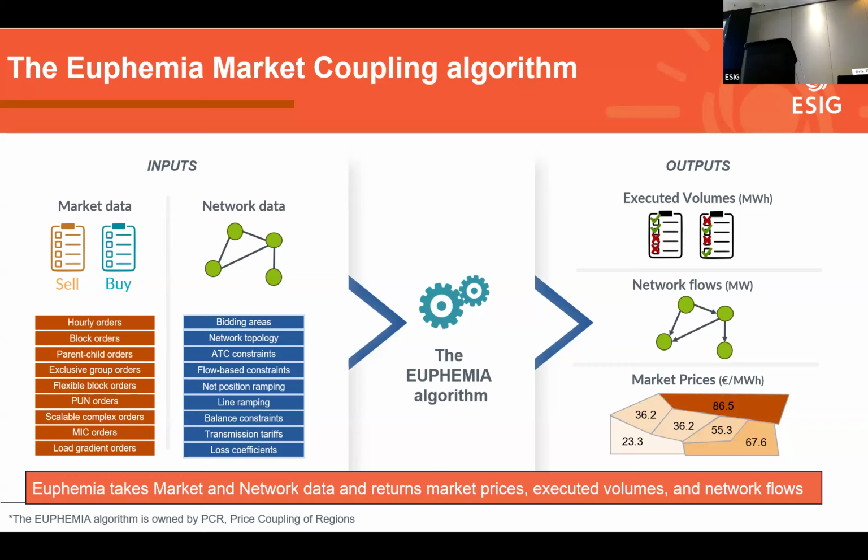You also might have some constraints for HVDC lines, line ramping, transmission tariffs on some lines, or losses. Euphemia takes all of that as input. It takes 7 minutes. It finds a solution that is very close to optimality in terms of welfare. And the output is the executed volume for each market participant. So what is accepted, what is refused, the network flows, and also the market prices. So the network flows are commercial.